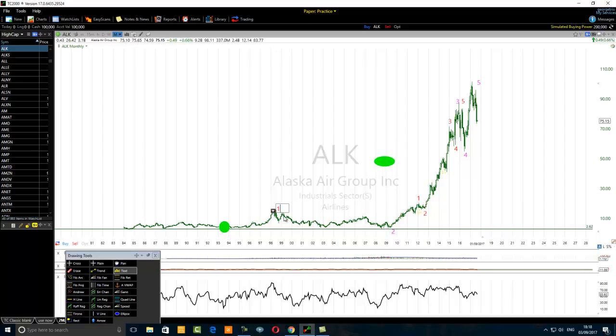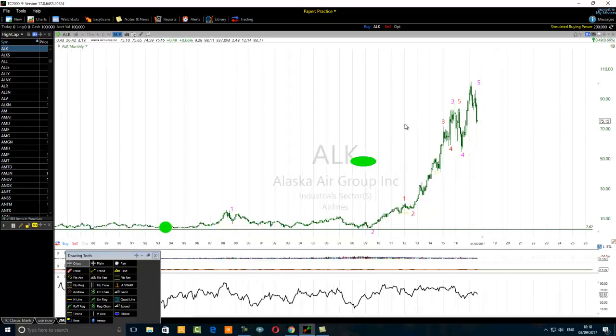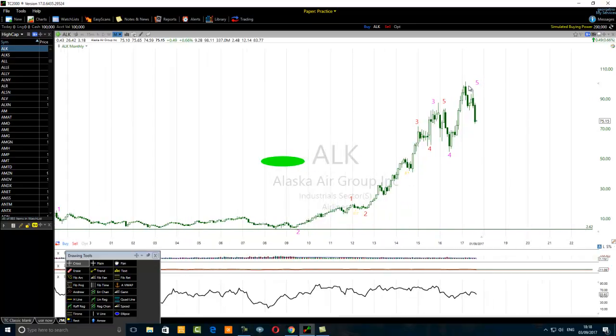Also, we should color it pink. So first wave of a higher degree, second wave of a higher degree, all our 1, 2, 3, 4, 5 is stopping here. Now forming the third wave of a higher degree, which is the pink one, followed by the fourth wave of a higher degree, the pink 4, and the fifth wave of a higher degree.